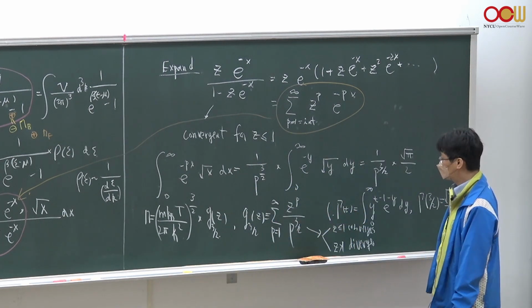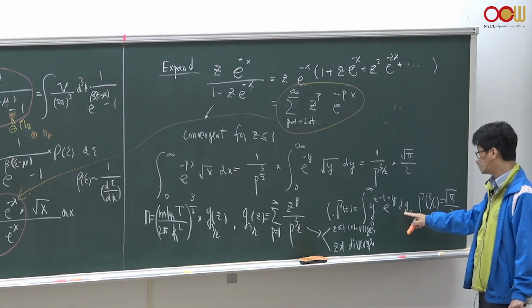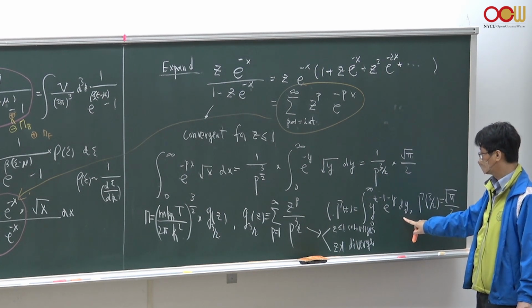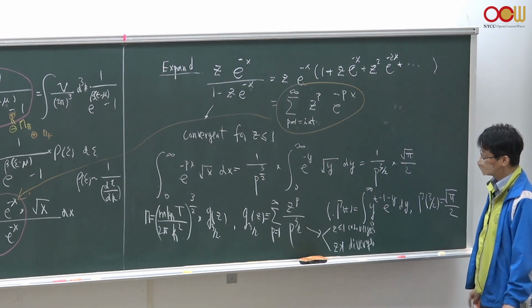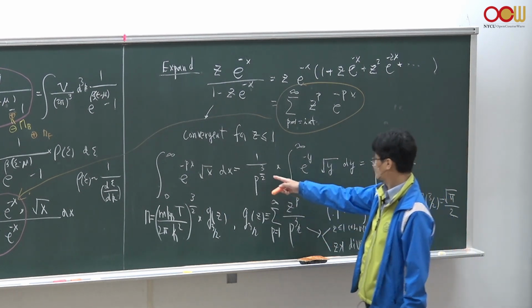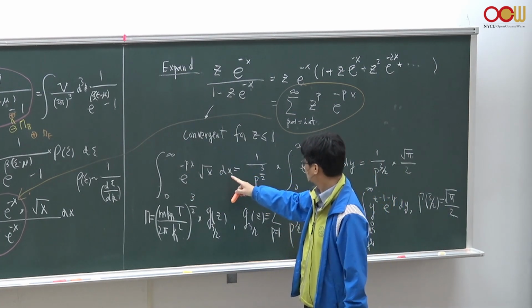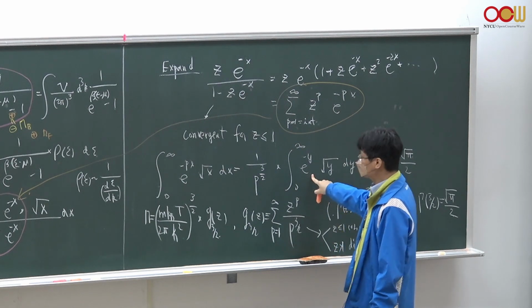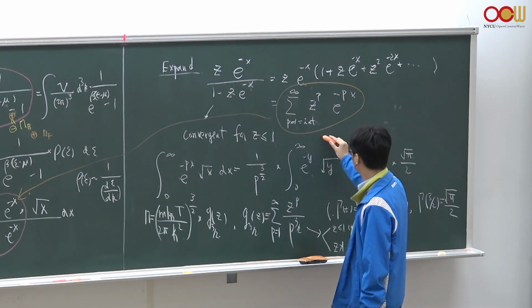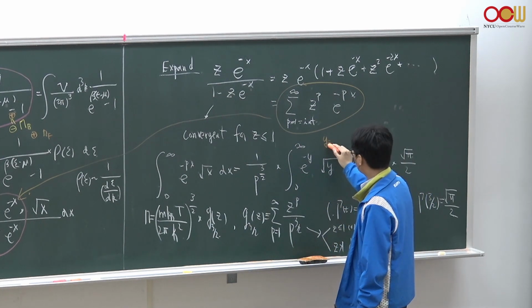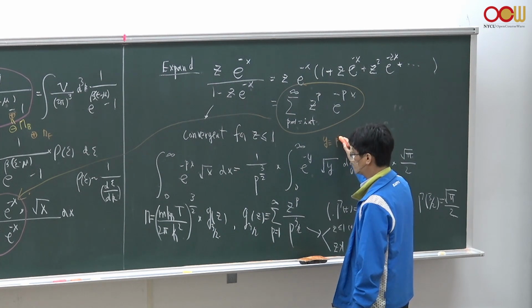Right? And you could use the gamma function to simplify this integral, because you could change the variables from x to y, if you define y as p times x.